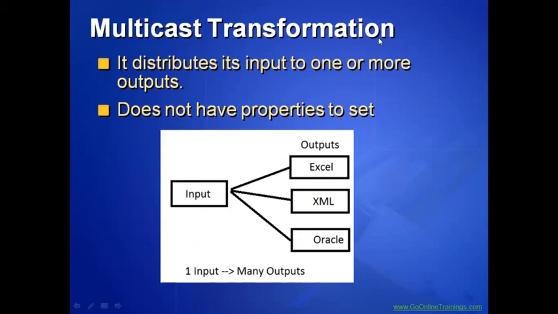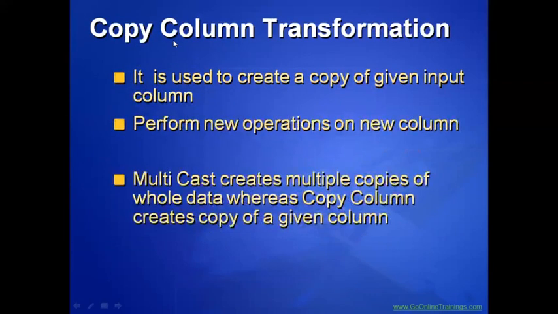So if you have 200 rows and apply a condition, some 70 rows will go here, some 30 rows will go here, some 100 rows will go here. This is what is called condition split. But I'm talking about multicast. 200 rows are there; the same 200 will go, the same 200 will go, the same 200 will go. That is what is called multicast, no filtering.